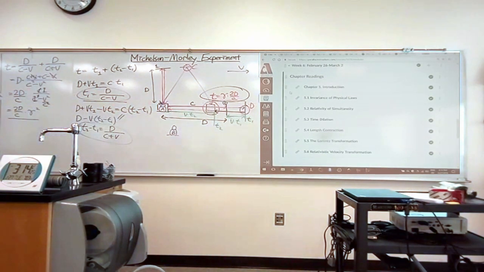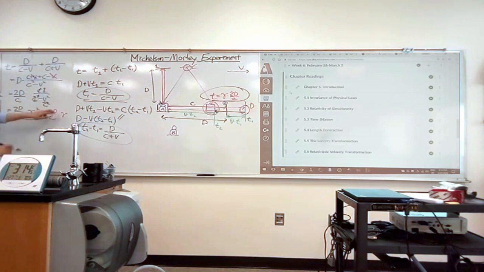So let me make this correction. Wherever I had d before, it's going to become d prime, the new length. I'll make that new length whatever it needs to be so that this expression will be equal to 2d over c times gamma.